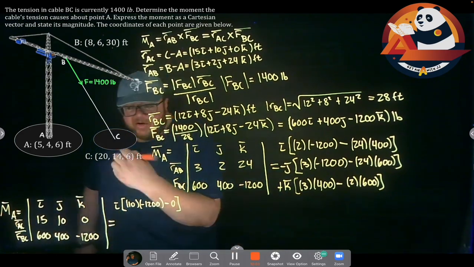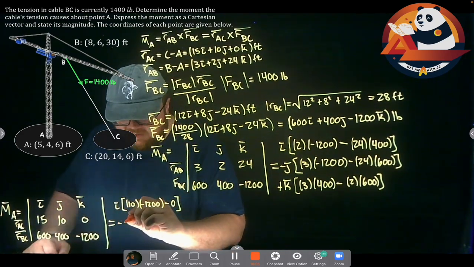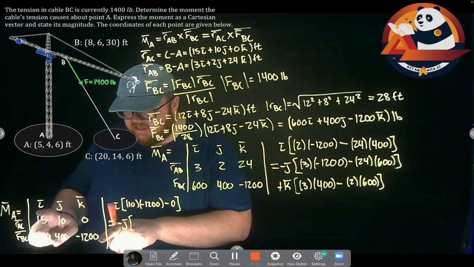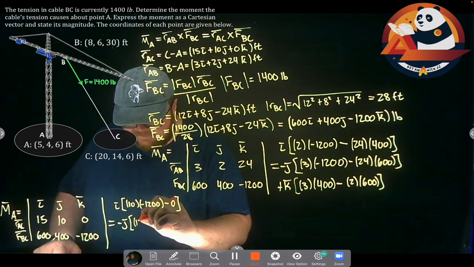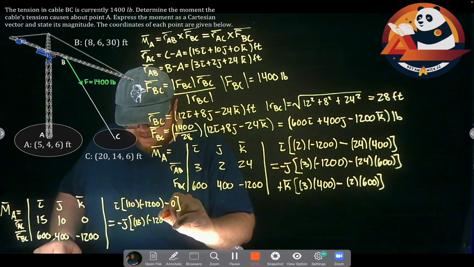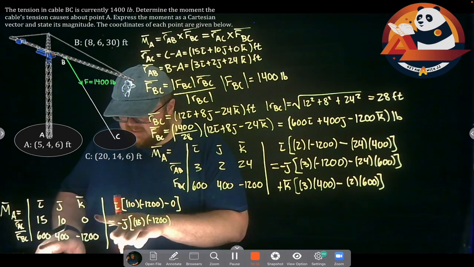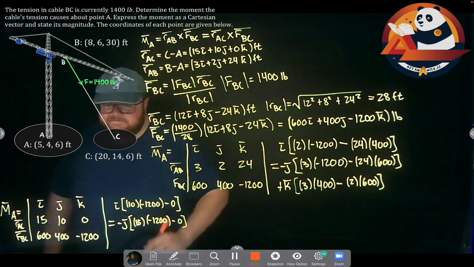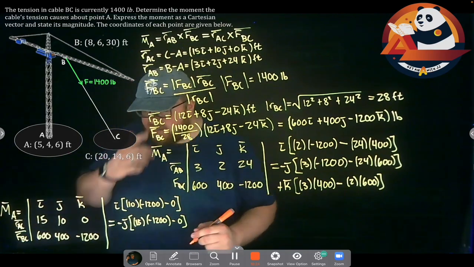We still subtract J, so minus J times, now I look at the I and K. Top left is 15 times our bottom right, negative 1,200, minus 0 times anything is 0.